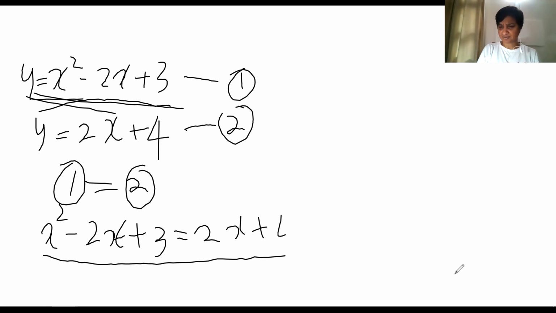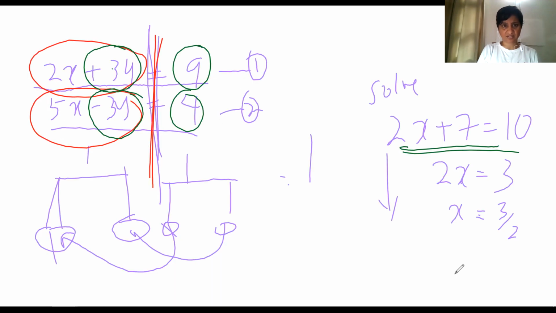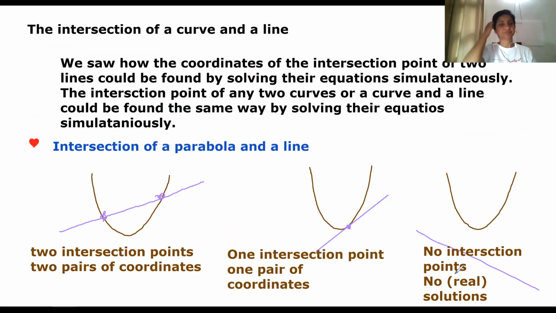Shall we write that here? I'll give you the second case also, the intersection of a circle and a line. For both of them, you can do that. When you substitute, you get a single quadratic, the third quadratic.